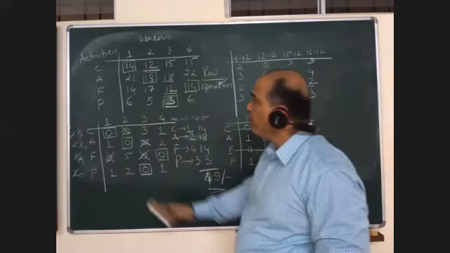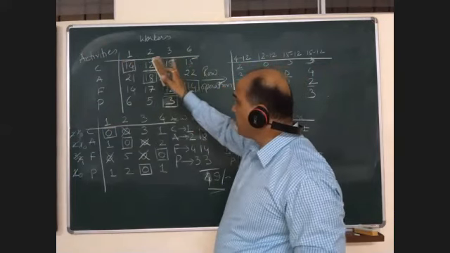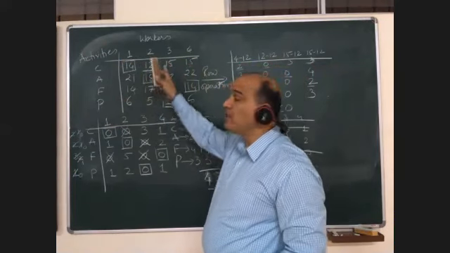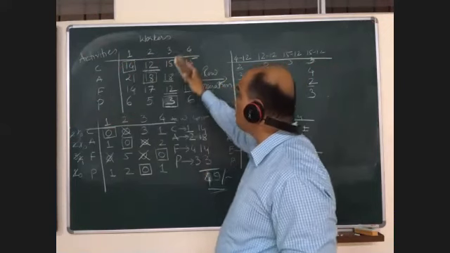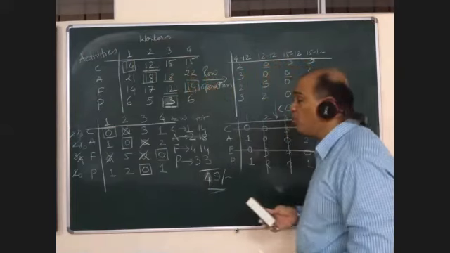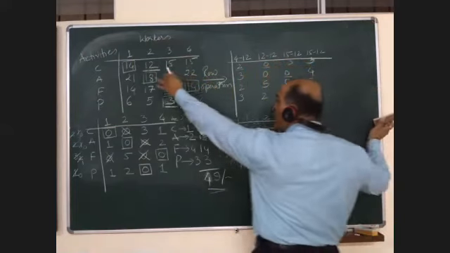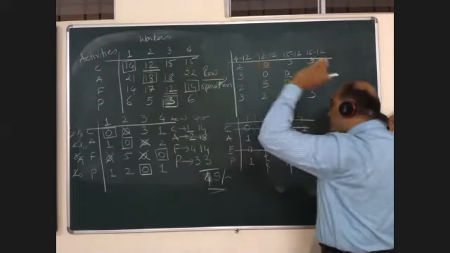I'll repeat. We started with the matrix. We checked whether the given matrix is balanced or not by checking number of rows are equal to number of columns. Then we started with step number 2, that is row operation. We choose minimum from each row, subtract that minimum number from all other elements of the same row.